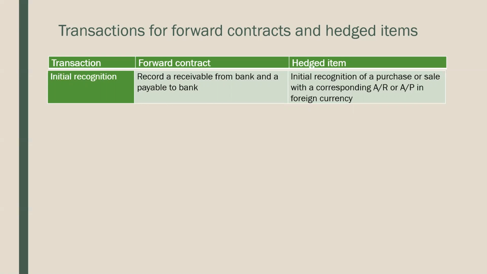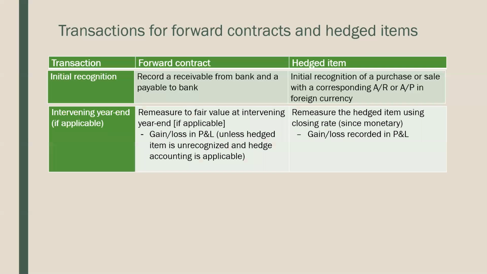So say if your hedged item was a sale, well, an accounts receivable from the sale, debit the accounts receivable, credit sales revenue. If there's a purchase involved, you debit inventory or some kind of asset purchased and credit accounts payable in foreign currency terms.